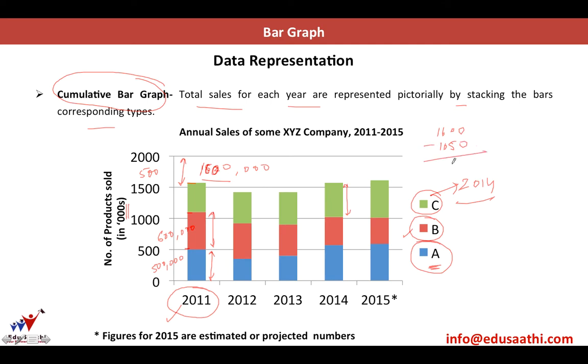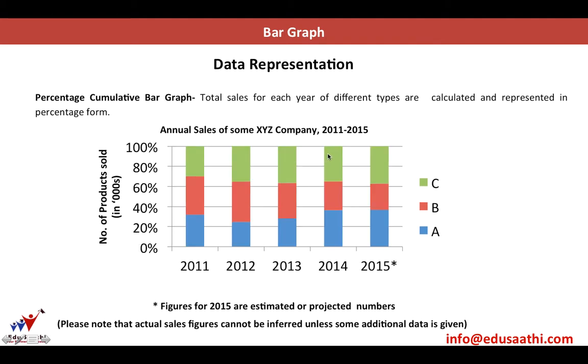So if you subtract this, 450,000 units of product C were sold in this year 2014. So all you need to take care here is that this entire height represents the total number of units sold, and these colored regions give you the individual units of products. I hope this is clear.